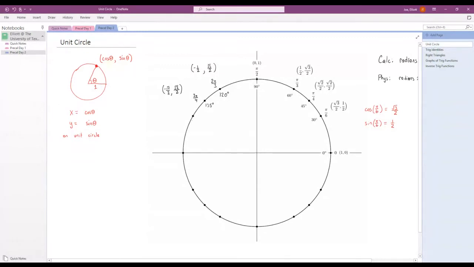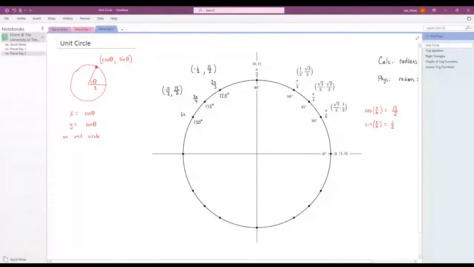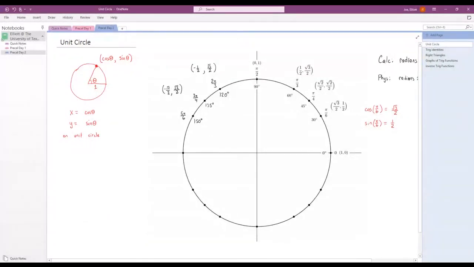All right, so let's continue. This next point is at the 150-degree angle. It's going to be 5 pi over 6 radians. And its coordinates are going to be the same as pi over 6, but the x will be negative since we're on the left.